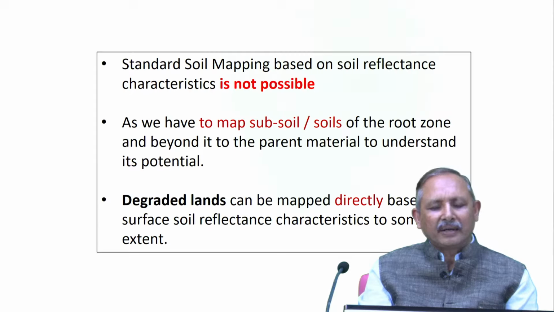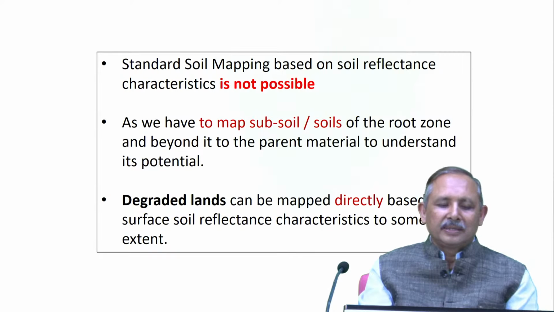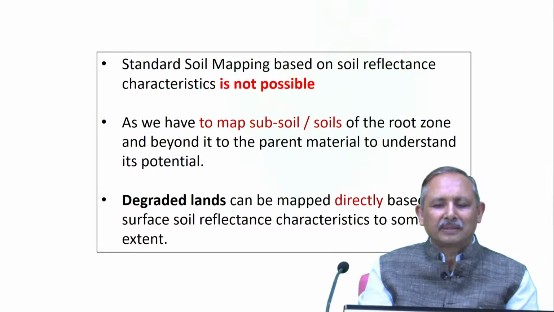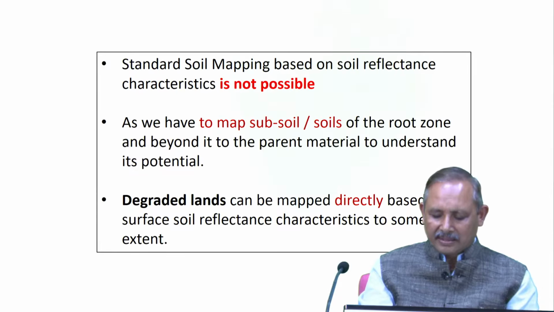But in case of degraded lands, the surface of the soils gets affected, and they give very peculiar spectral characteristics which can be directly observed by the surface reflectance and can be mapped. So in general soil mapping we cannot map directly based on reflectance, but in degraded soils we can map directly based on reflectance characteristics.